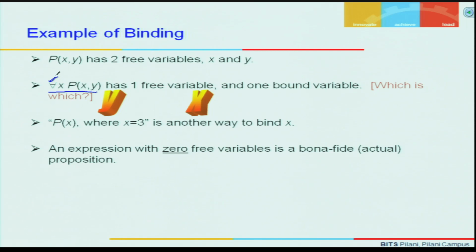And if you have got no free variables in a predicate statement, for example I say there exists x P(x) where P(x) happens to be x is sleeping, then there are no free variables. It means that there is one human being who is sleeping.